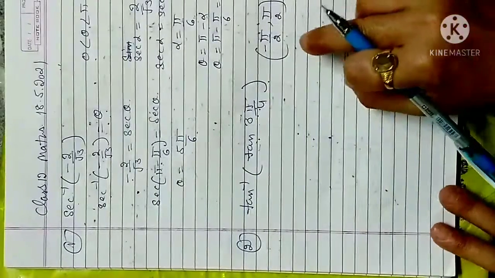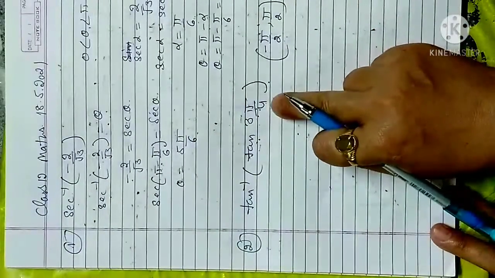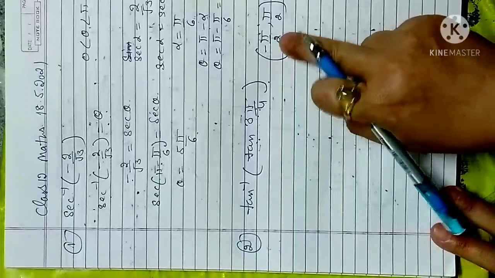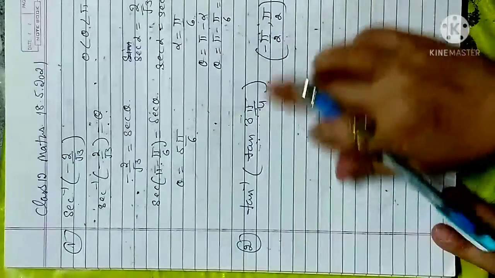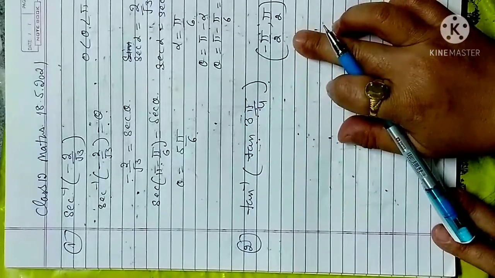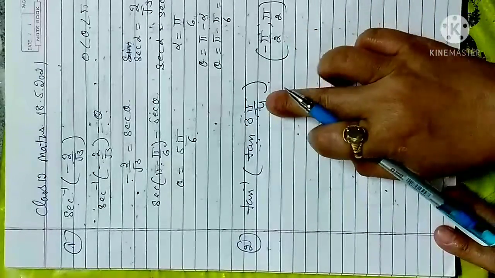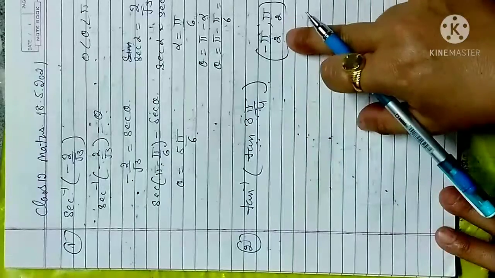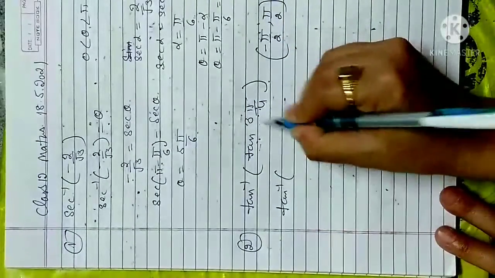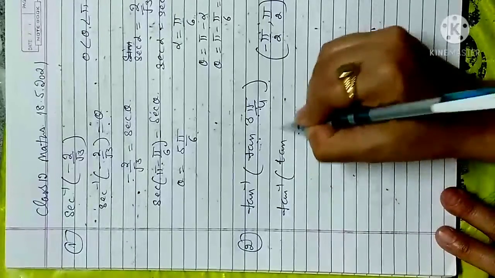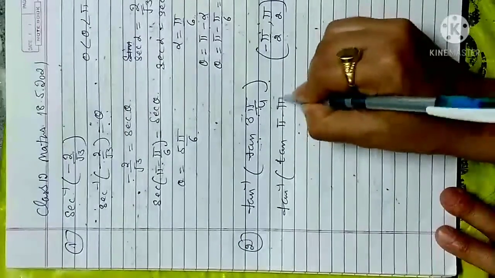Now you have to check whether 3 pi by 4 lies between minus pi by 2 and pi by 2. No. So if it does not lie in the domain range, you have to convert this angle within this domain range. First I will split this 3 pi by 4 into two parts, like pi minus pi by 4.